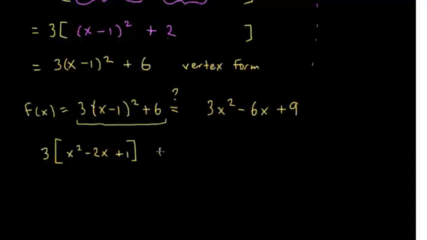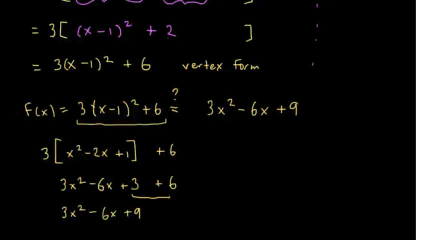And then, of course, I have this plus 6 here. Now I multiply that 3 through, and I get 3x squared minus 3 times 2 is minus 6x, and 3 times 1 is a positive 3 with this plus 6. Add up these like terms, and I get 3x squared minus 6x plus 9, which is exactly what I wanted to get.